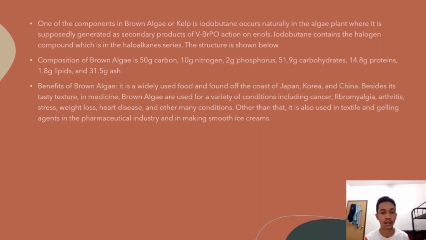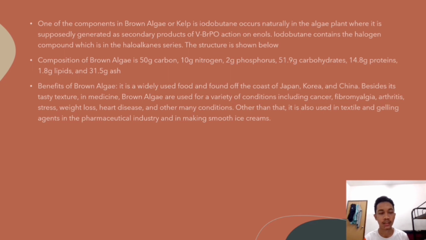The composition of brown algae is 50 gram carbon, 10 gram nitrogen, 2 gram phosphorus, 51.9 gram carbohydrates, 14.8 gram proteins, 1.8 gram lipids, and 31.5 gram ash. Benefit of brown algae: it is a widely used food found off the coast of Japan, Korea, and China.